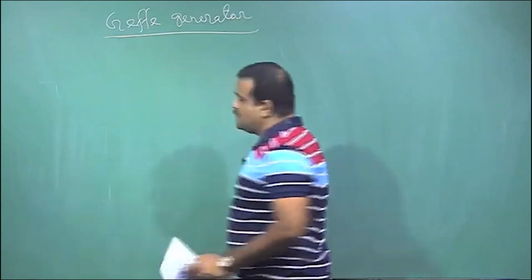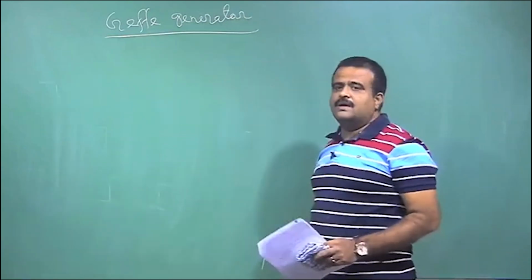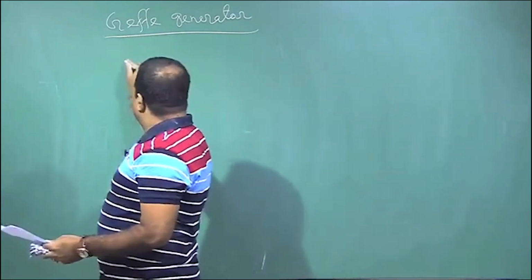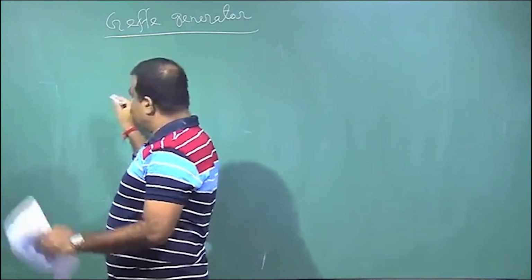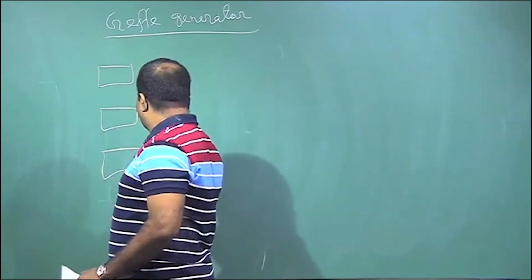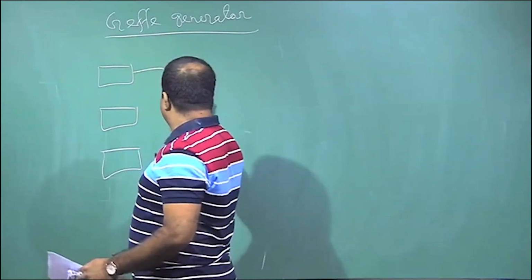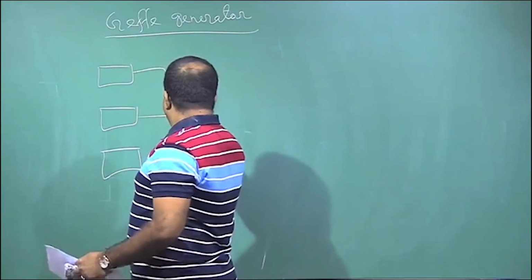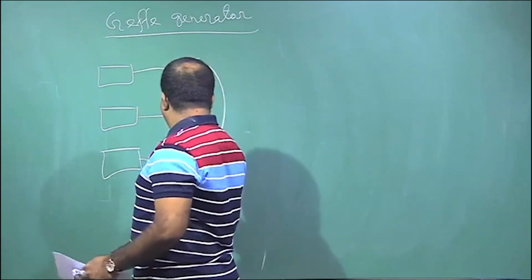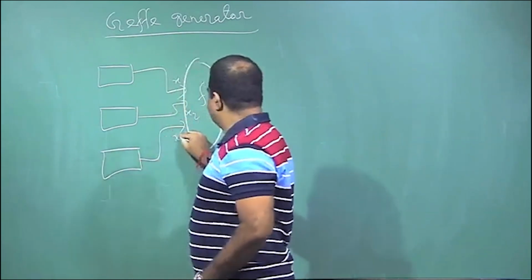We can use LFSRs, but we have to apply a non-linear function f. Here we have 3 LFSRs L1, L2, L3 of any bit length. This is giving us x1, this is x2, this is x3, and f is the non-linear function.